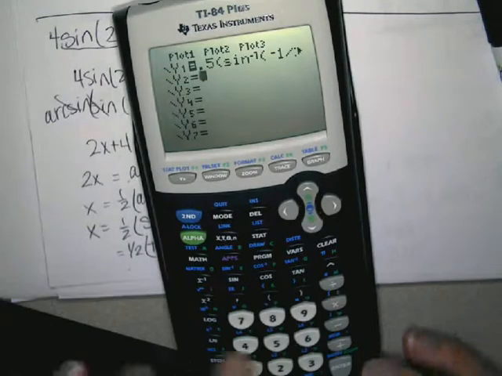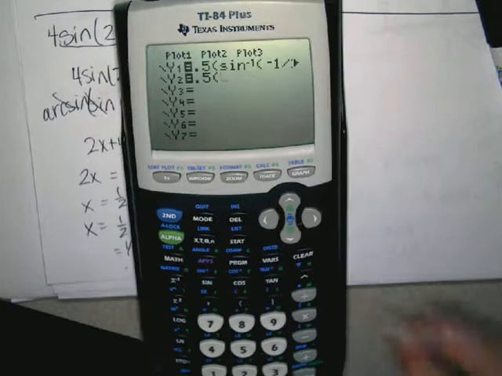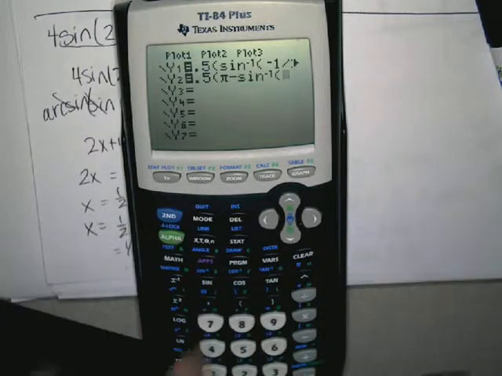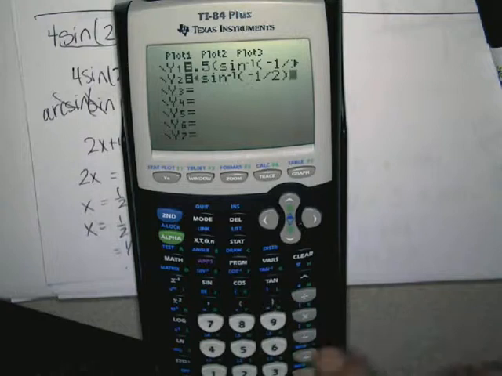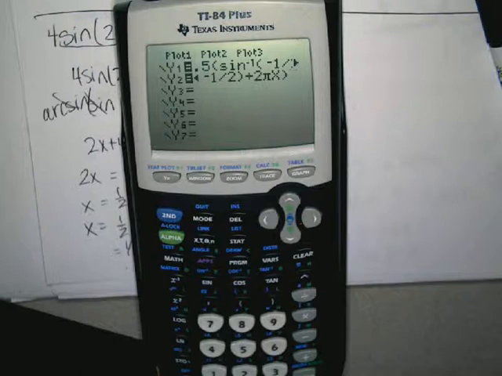So x would equal 0.879 and 2.974. Second rotation gives me 2 more positive answers, so 4.021 and 6.115. And then I have to go 3 rotations total to get my last answer, which is 7.163.